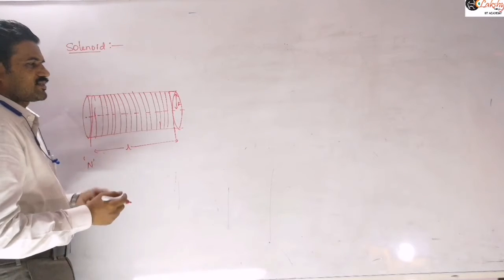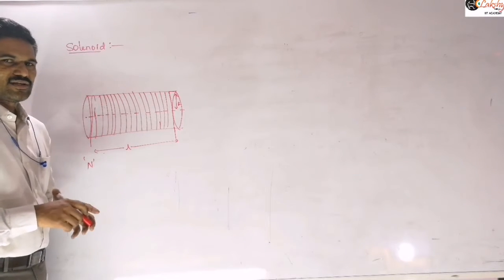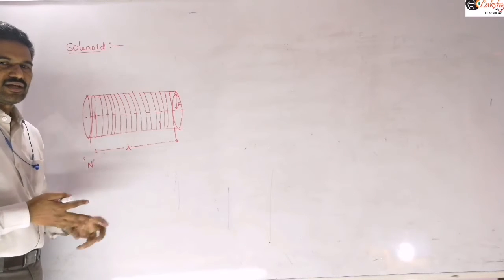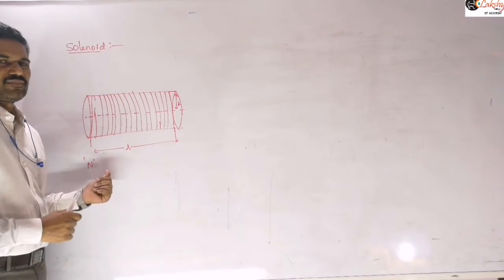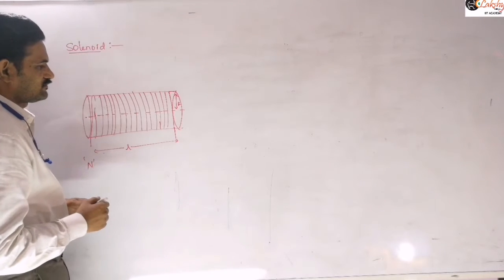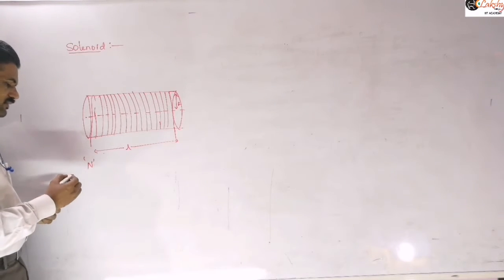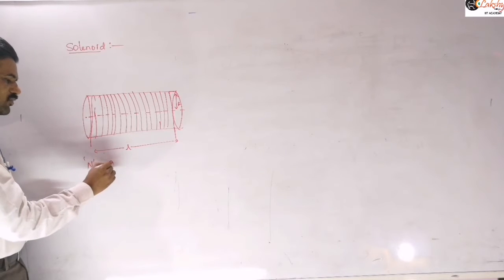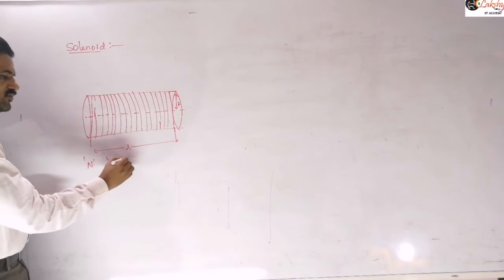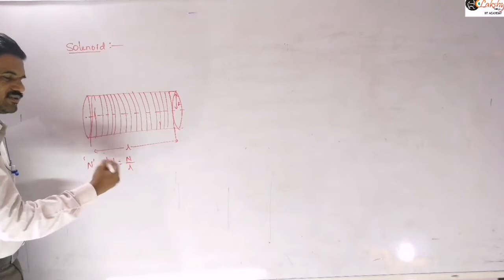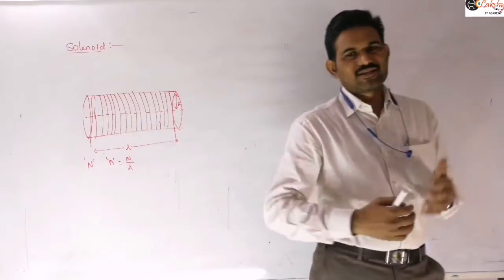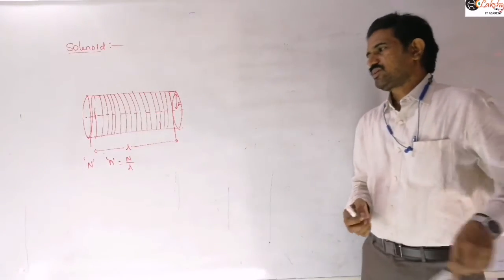So just mention that, consider a solenoid of cross section radius R and length L having N number of turns and small n number of turns per unit length. Because generally, instead of giving the total number of turns for the solenoid, they will mention the number of turns per unit length, the small n value.